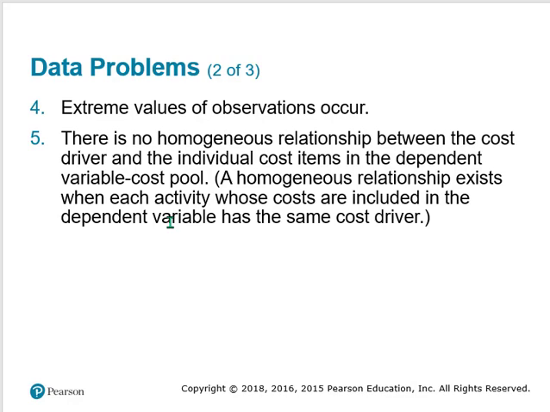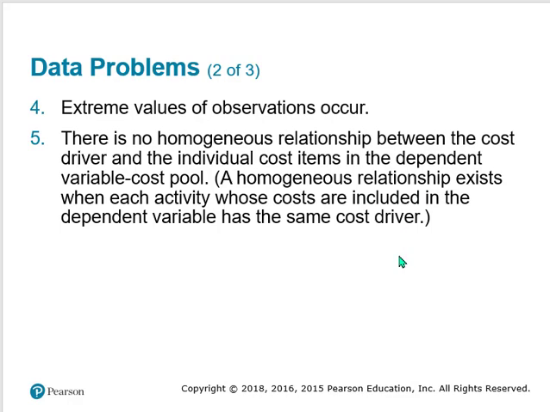And finally, if there is no homogeneous relationship between the cost driver and the individual cost items in the dependent variable cost pool. A homogeneous relationship exists when each activity whose costs are included in the dependent variable has the same cost driver.